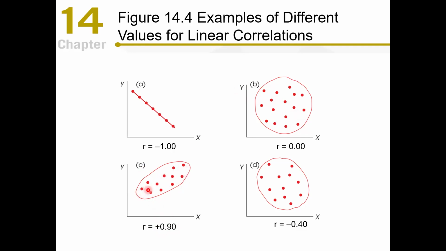They're going up and to the right, which is positive; down and to the right is negative. The consistency is somewhat there for this example, but it's not as strong as this.